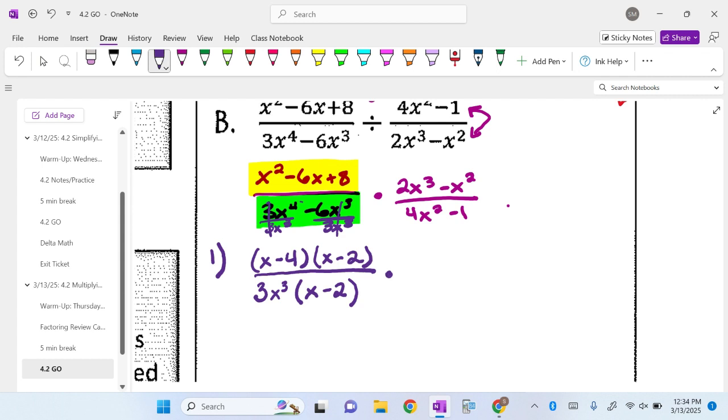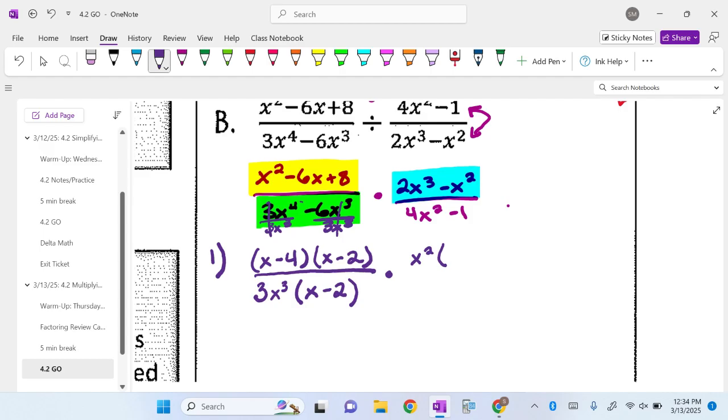Now what about the second? So the numerator of the second fraction, what do I have there that I can take out? I can take out an x squared. So if I take out an x squared, I'm going to divide both terms by x squared. So what's 2x cubed divided by x squared?